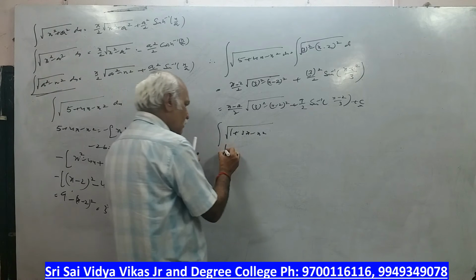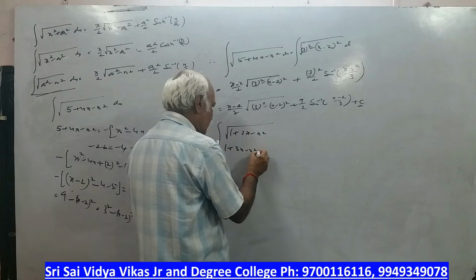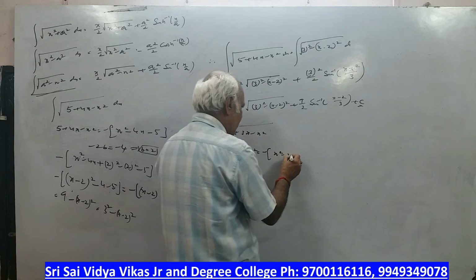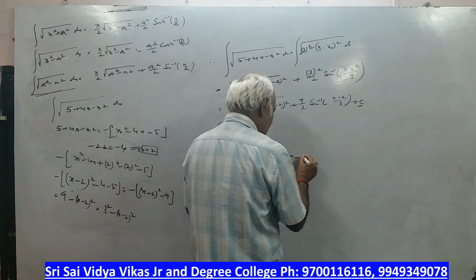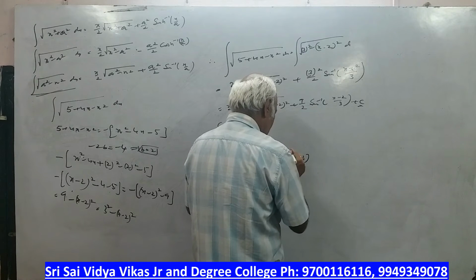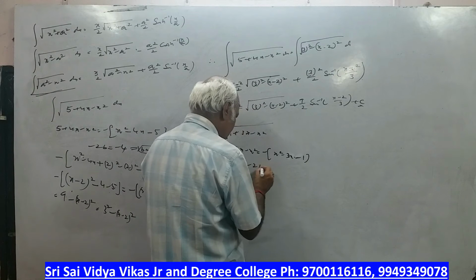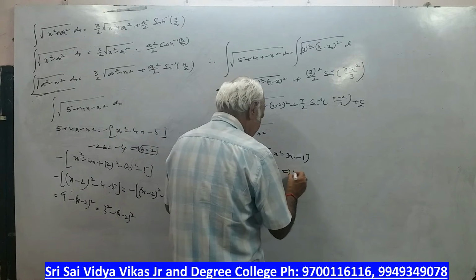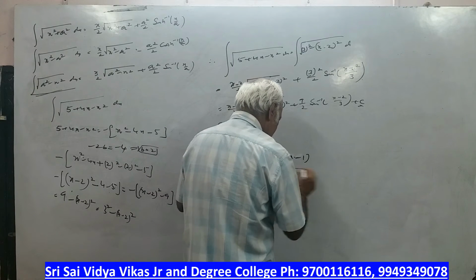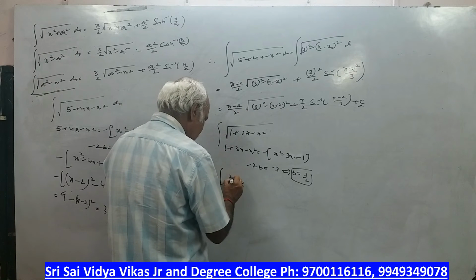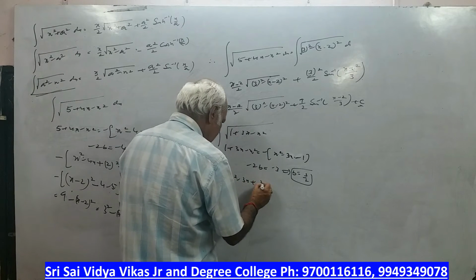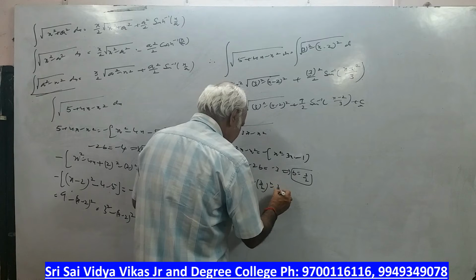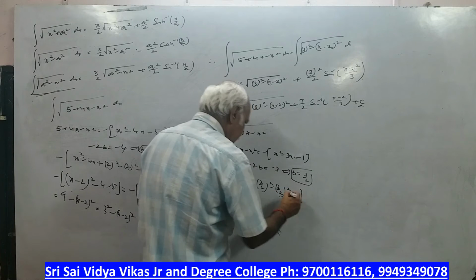So what will happen? 1 plus 3x minus x square is minus common, x square minus 3x minus 1. So minus 2b is equal to minus 3, b is equal to 3 by 2. Therefore 3 by 2 whole square minus 3 by 2 whole square minus 1.